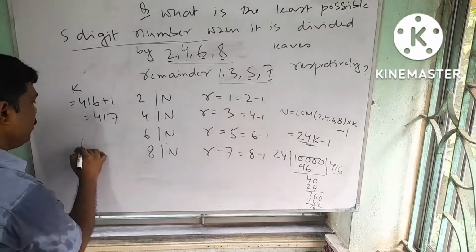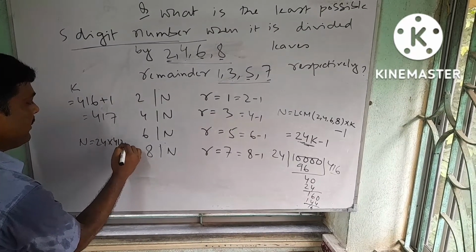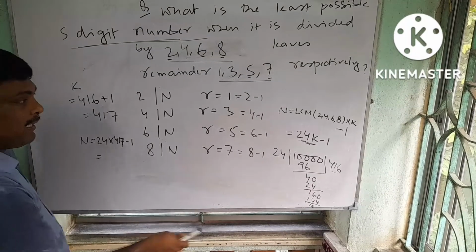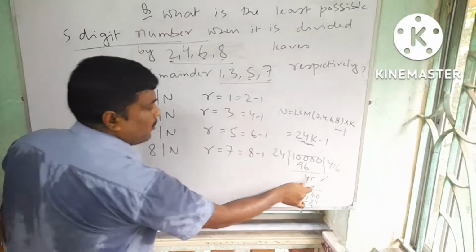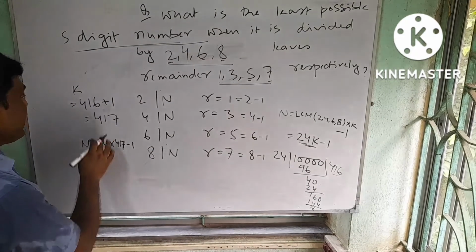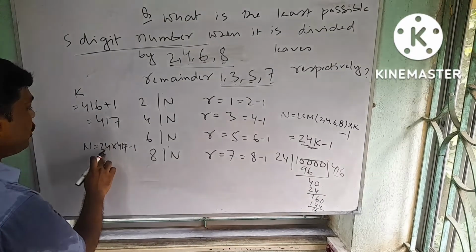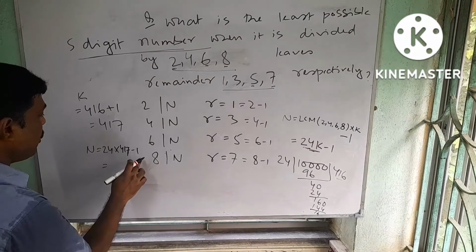So n equals 24 into 417 minus 1. We are dividing 10,000 by 24, quotient is 416, remainder is 16, so we can take k equals 416 plus 1, that is 417. So n is 24k, that is 24 into 417 minus 1.